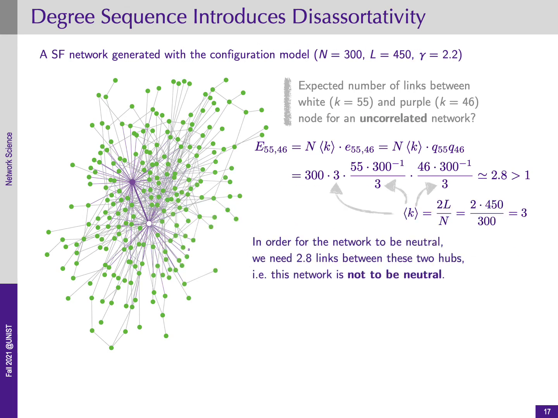But in order for this network to be neutral, we would require 3 edges between these two nodes, which means we have to allow for multiple edges, which is not the case. As long as we stick to a simple graph, where multiple edges are not allowed, then we cannot finish this matching process. So this network cannot be neutral.